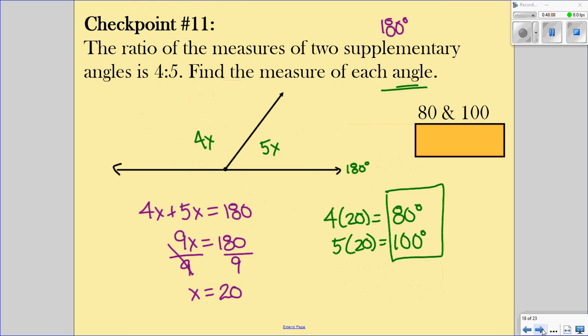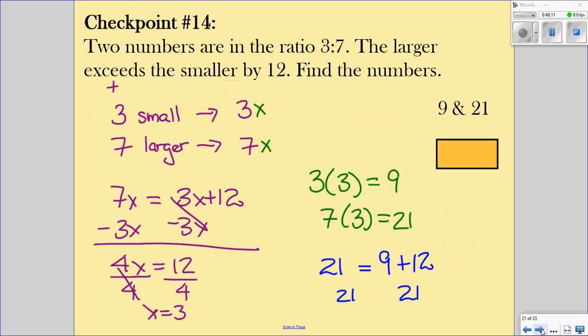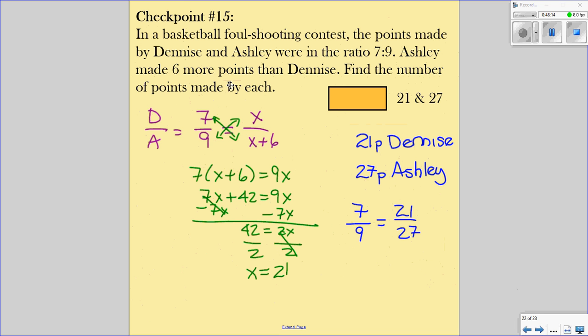But if they don't give you a total, they just tell you this person did more points than that person, then you set it up as a proportion. So the only time you see a total, you put like 7x plus 9x equals whatever. No total, then you set it up as a proportion. It's a bit confusing, but you have to do a lot of this and recognize when to do it and when not to. If you still have confusion with that, like I said, I can provide you with other examples so you can clearly understand.